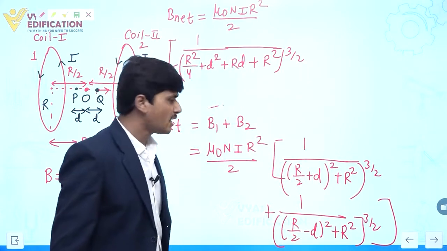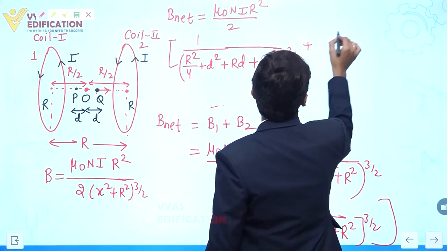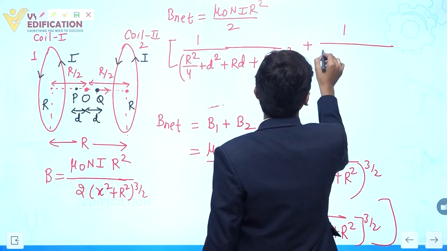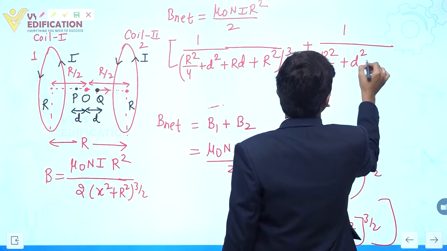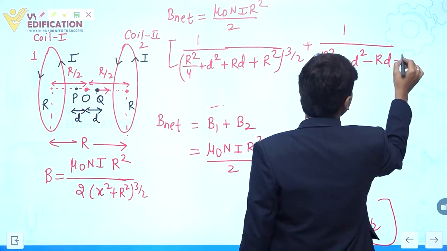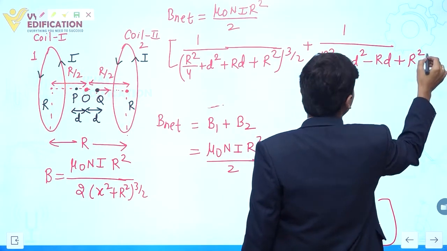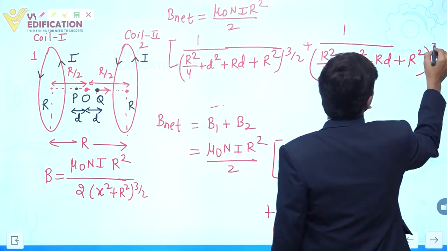Same we can write for the other one: plus 1 upon (r square by 4 plus d square minus rd plus r square), power 3 by 2.